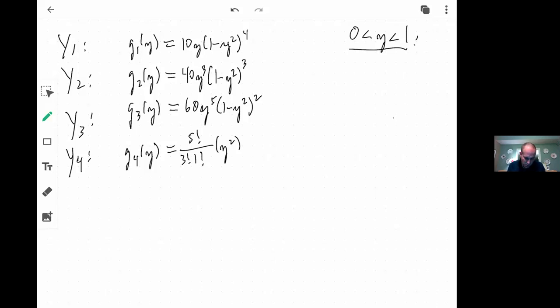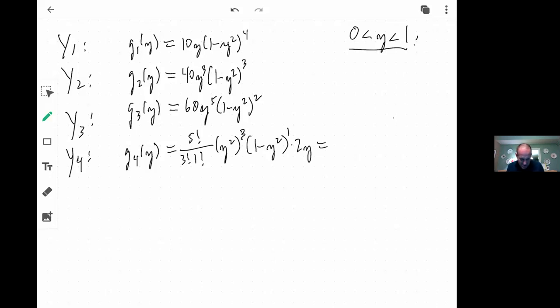And r is 4. Here's just the 4th order statistic. 4 minus 1 is 3. And it's going to be 1 minus y squared to the n minus r, which is 1. Okay. And then we have this multiplied by the density, which is 2y.